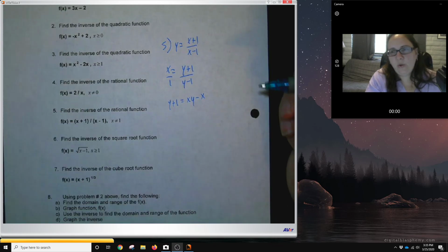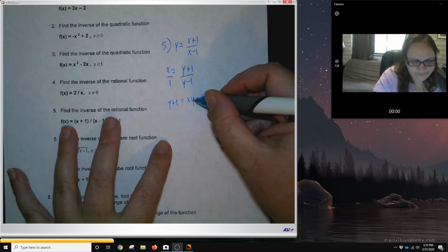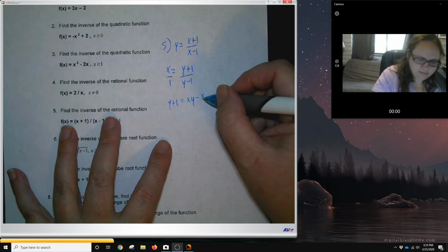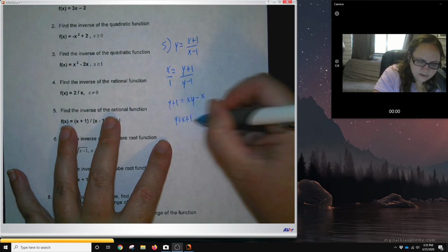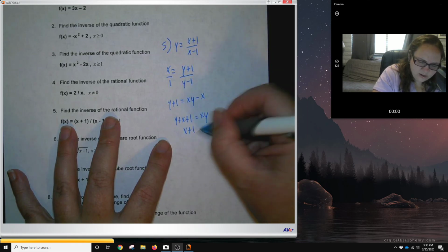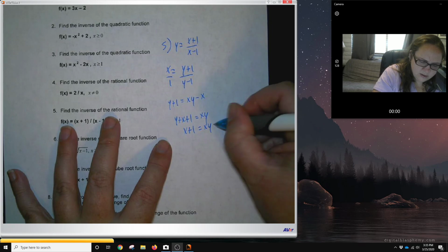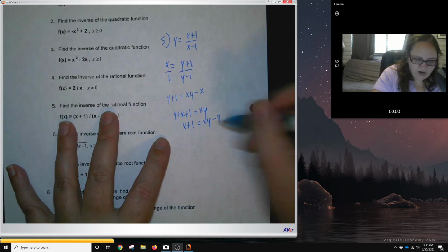I want to get everything with a y on one side and everything without a y on the other. So I'll add this x over. Then I'll subtract this y over. Now I'm going to GCF out my y over here.